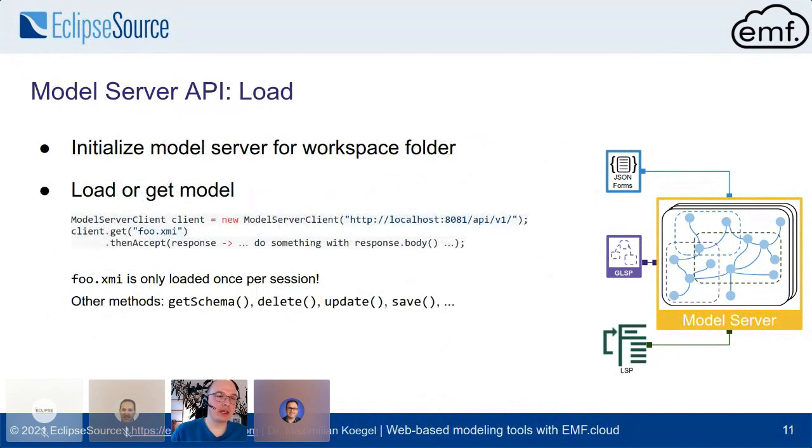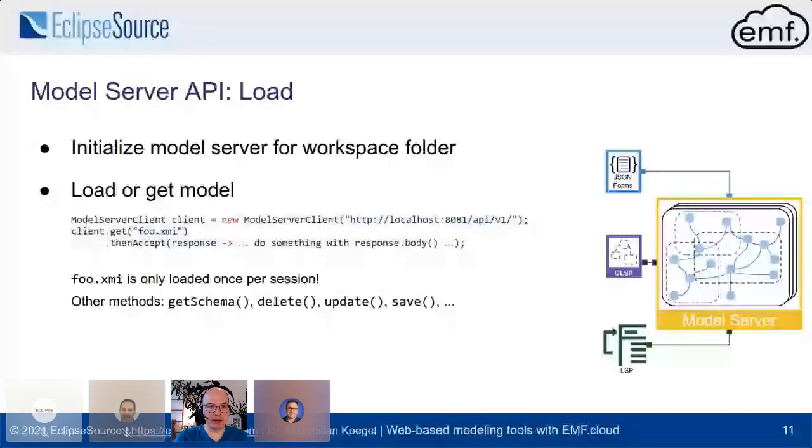If we look at the particular APIs, there's an API to load a model. You initialize the model server for a particular workspace folder, and then you can load or get a model. And there are also other methods available there, so you can also ask for the schema or delete and so on.